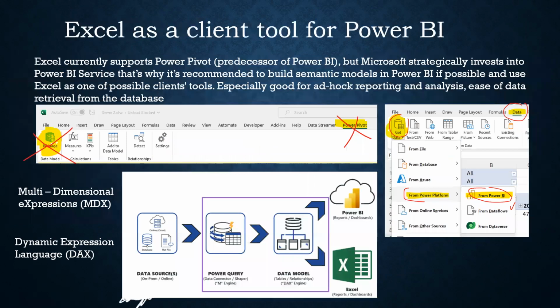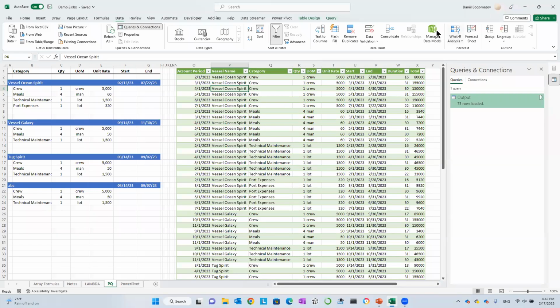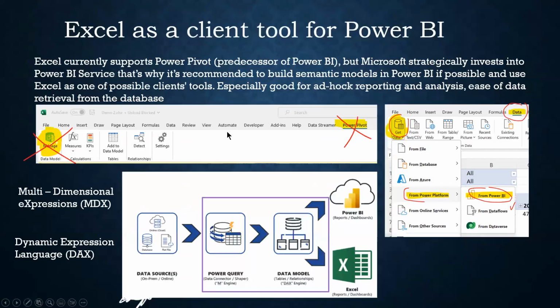So the next topic of the conversation is Power Pivot. What is Power Pivot? It's basically a very early predecessor of Power BI. If you click on this button, it opens up an environment where you can build an analytical solution, and I will show it on the next slide.